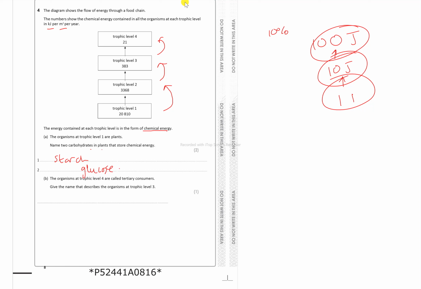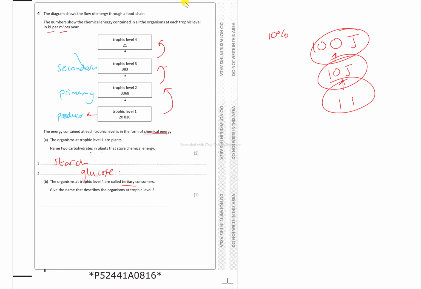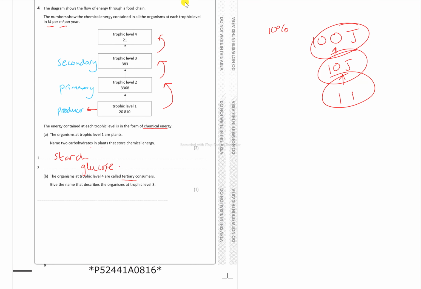The organisms at trophic level 4 are called tertiary consumers. So remember, this here is a producer. It makes its own food. This is a primary consumer. This is a secondary consumer, and this is a tertiary consumer.